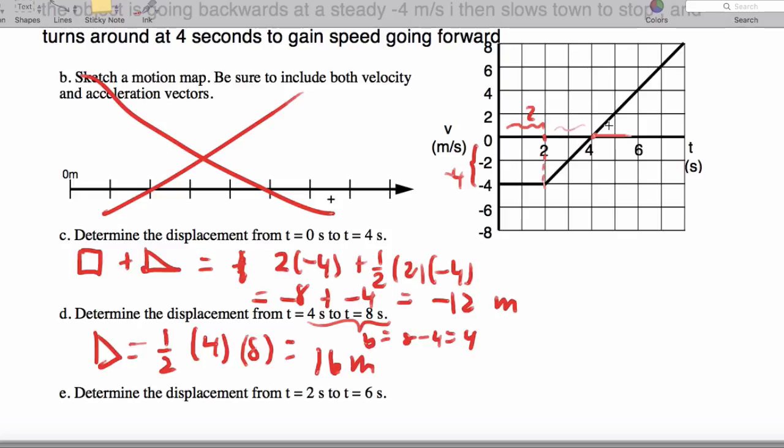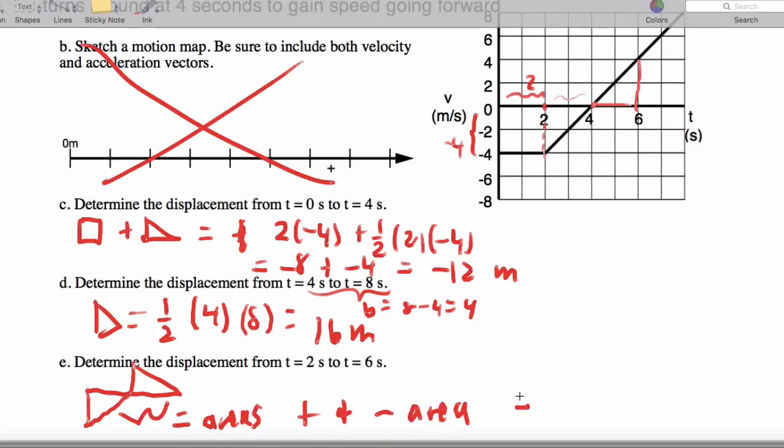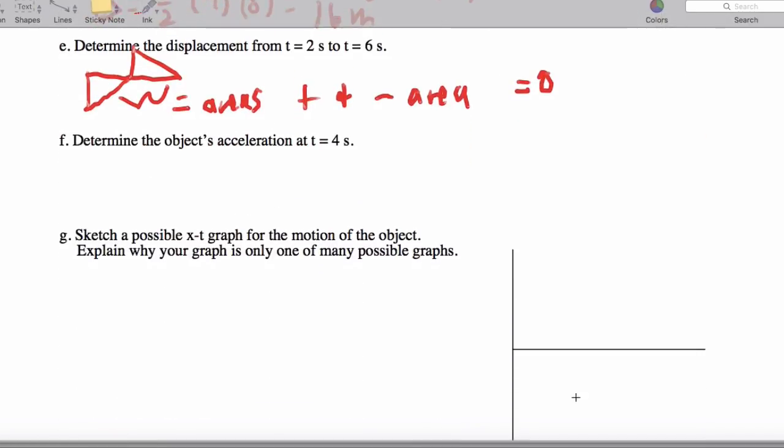Now it says get the displacement from 2 to 6 seconds. So I'm going to actually eyeball this. I have an upside down triangle that has this area, and a right side up triangle that has this area, and they're equal areas of positive and negative area, so this equals 0.